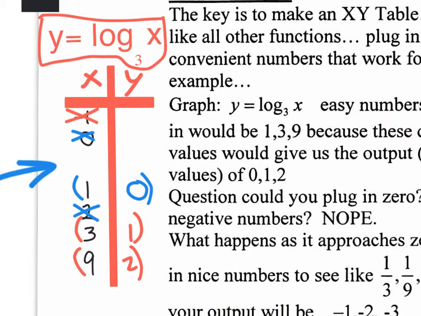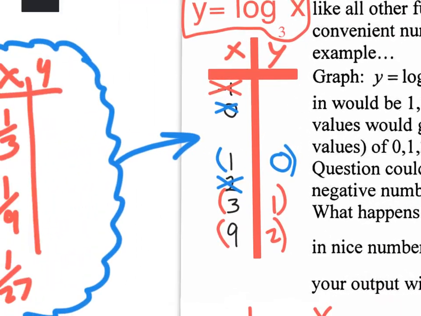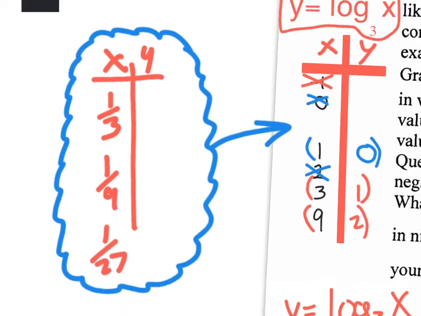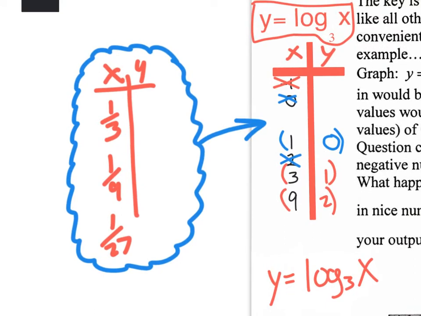What happens as we get closer to 0? If I were to plug in a 1/3 in here, 3 to what power gives me 1/3? -1. So that's another coordinate that does work. How about 1/9? 3 to what power gives me 1/9? -2.